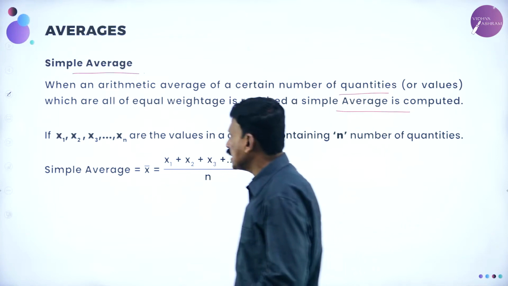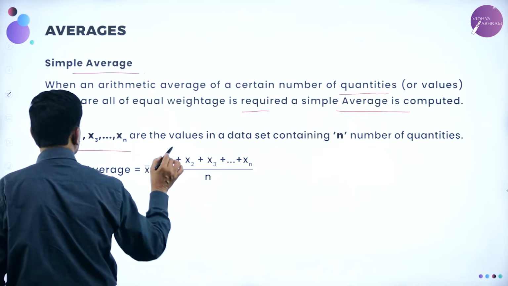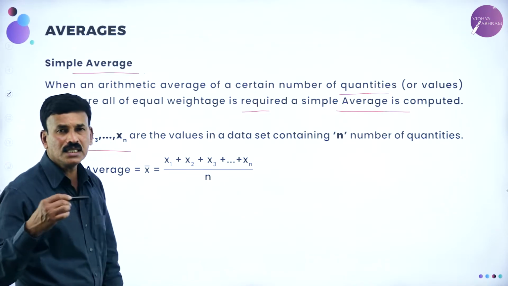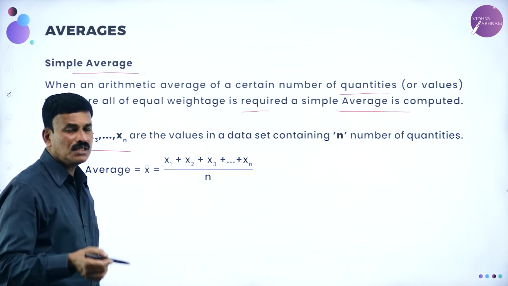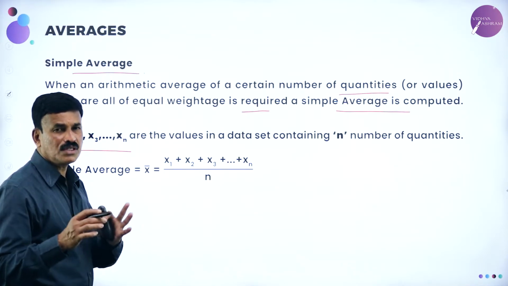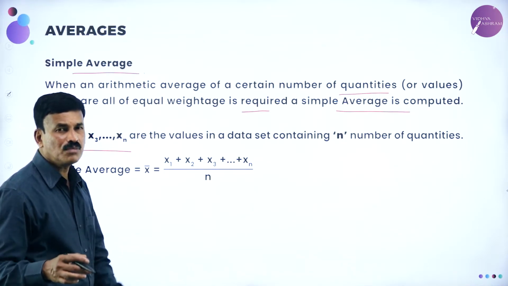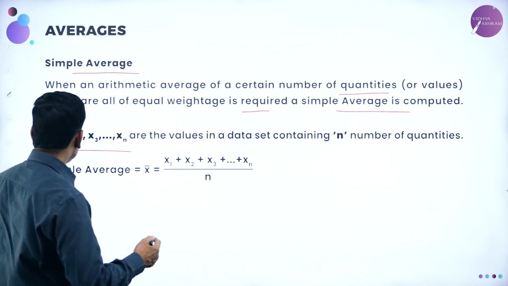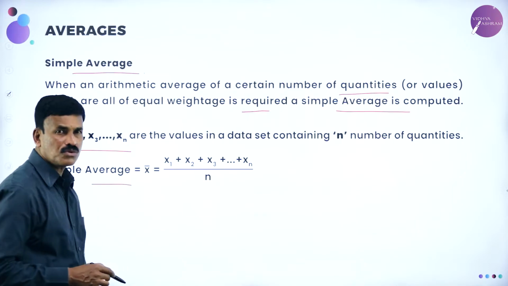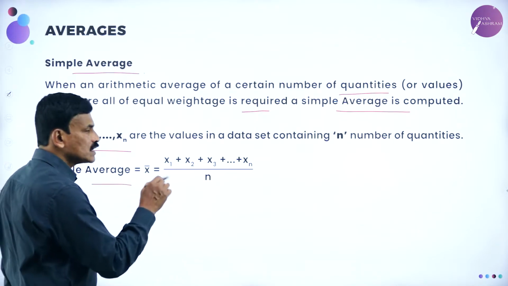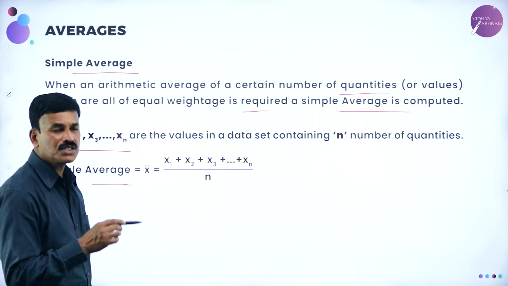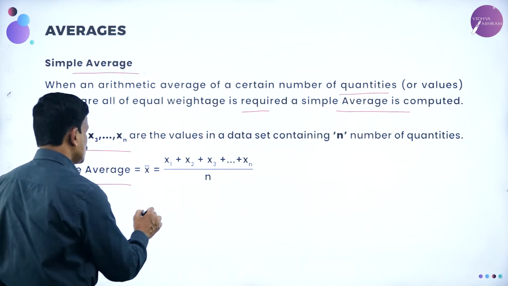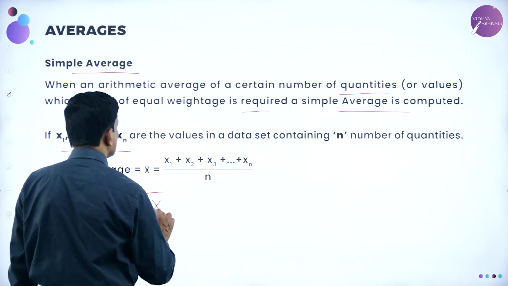Now, let x1, x2, x3, up to xn be the values in a data set containing n quantities. Then the simple average is x bar, equal to the sum of all the quantities, x1 plus x2 plus x3 plus etc. up to xn, divided by n. That is denoted as x bar and is called the mean.